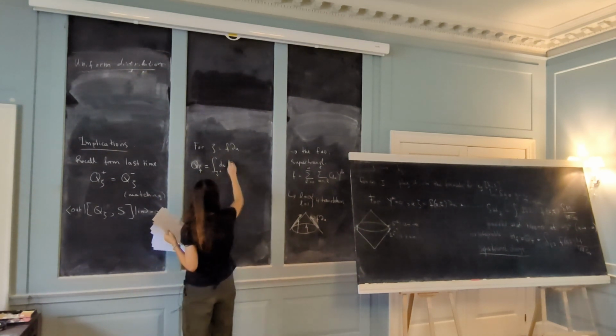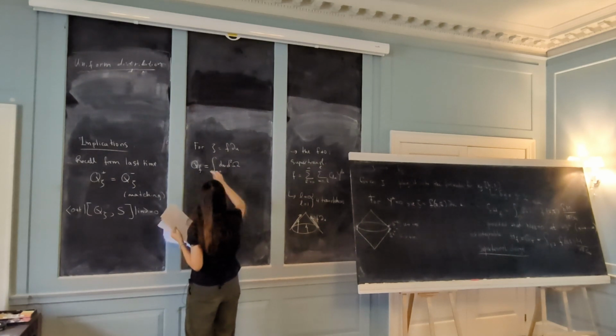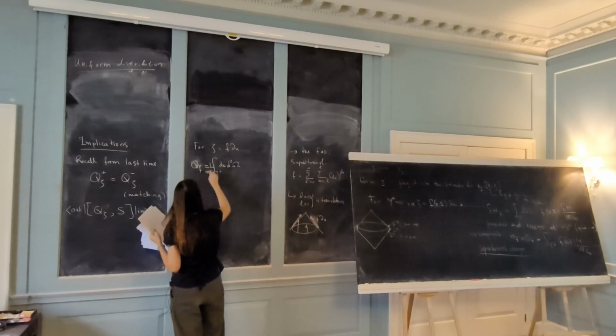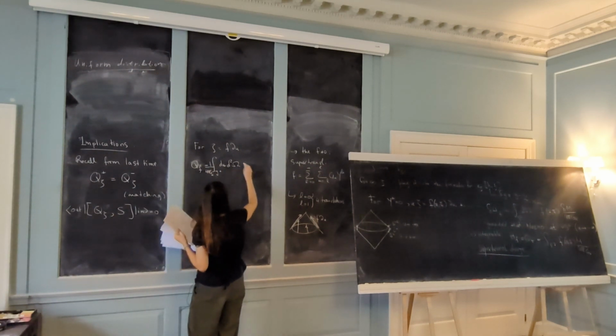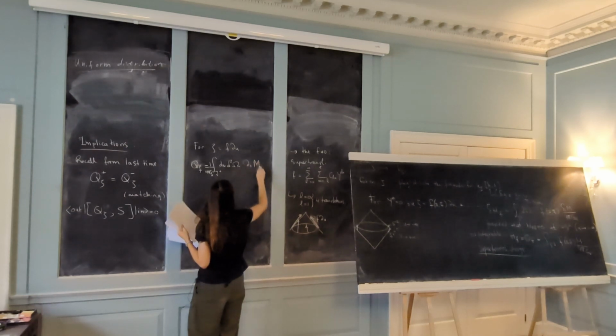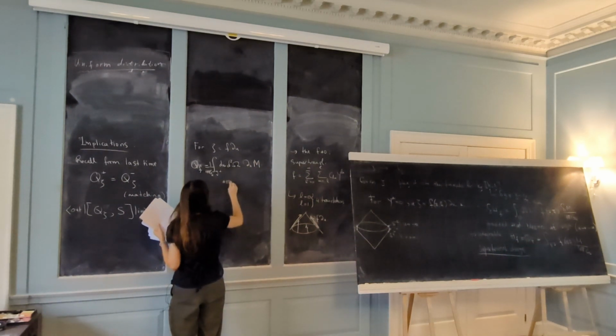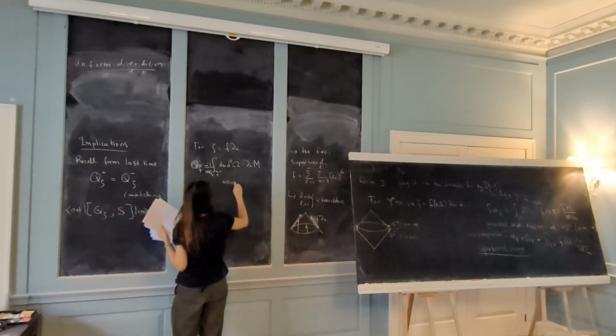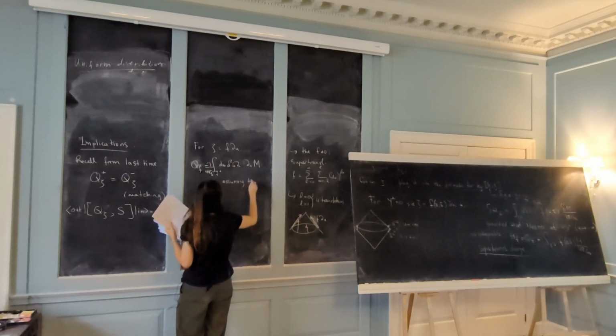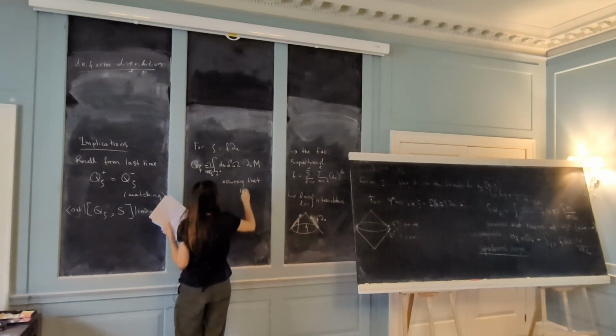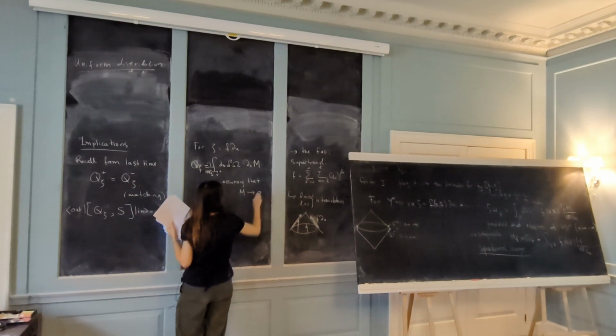Just use Stokes' theorem to write this as minus the integral over du of m, assuming that m goes to 0 as u goes to plus infinity.